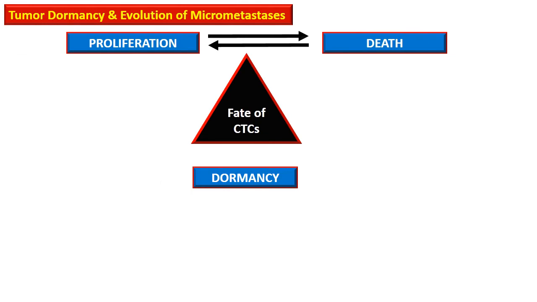In some instances, the proliferation of the cells and the death of the cells are in equilibrium, so the number of cells that are proliferating is equal to the number that die. So there is a constant equilibrium in these micrometastases, so there is no gain in size of the tumor, and this may go into dormancy, and these cells are in the G0 phase of the cell cycle.